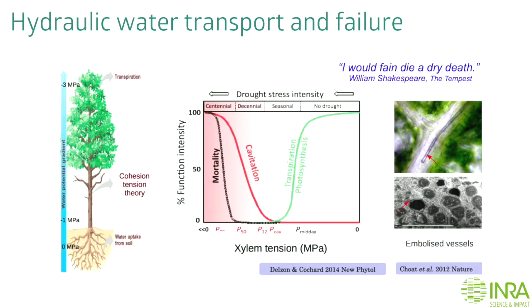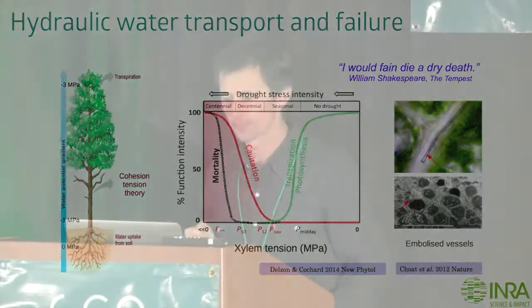And you see how transpiration, which is the green line, declines as a consequence of the tension increasing in the sap. And what you see in red is when cavitation starts to occur. What's very blatant here is that it's only after transpiration has stopped that cavitation occurs.